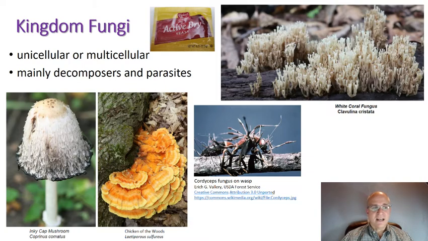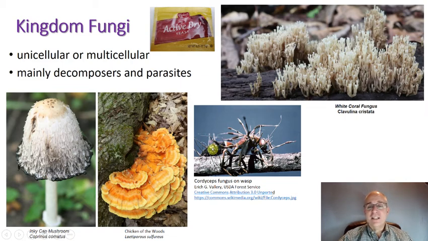But a parasitic fungus is this real nasty one. It belongs to the genus Cordyceps, which is a genus of parasitic fungi, and they parasitize all kinds of different things. Here you can see a wasp. So one fungal spore landed on this wasp, and the fungus started growing inside.